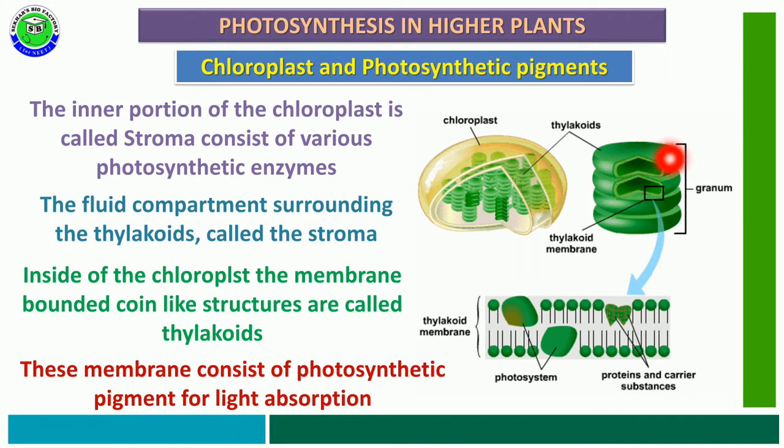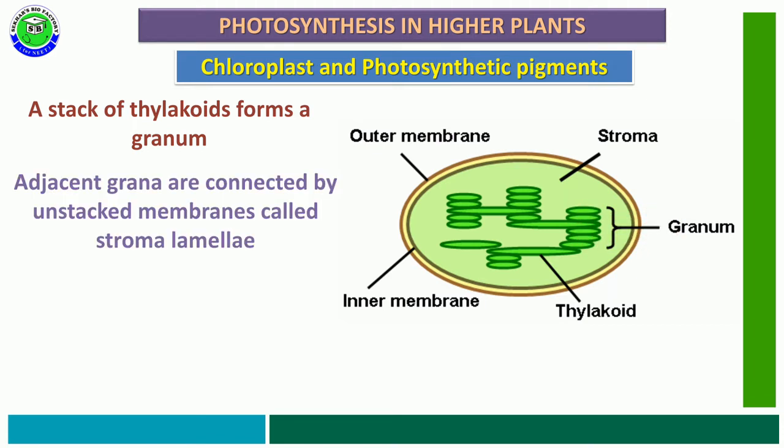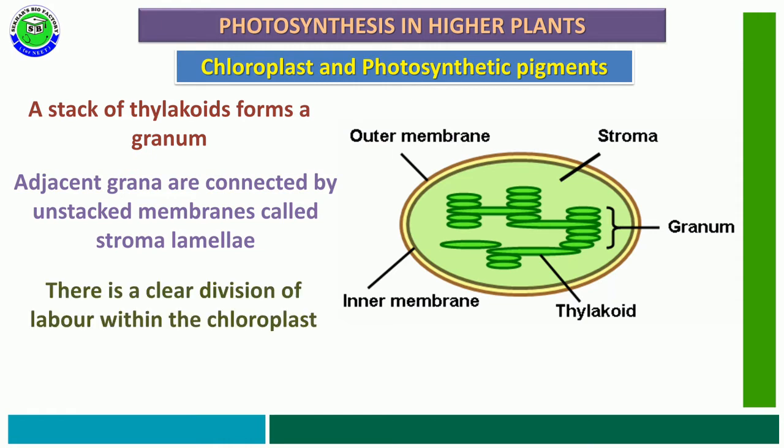The membrane present around the thylakoid consists of photosynthetic pigments in the form of photosystems, and these are useful for the absorption of light energy in photosynthesis. The stack of thylakoids present in the chloroplast is called granum, and these adjacent grana are interconnected with unstacked membrane called stroma lamellae.